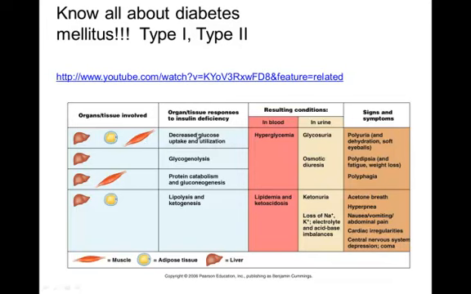Because we can't take any glucose in, we start breaking down our proteins, and when we break down our proteins to try to get some energy, we also start breaking down our fats. That's lipolysis down here. Our bodies are trying to get energy because we can't take in our excess glucose, and we start losing weight. We start getting thinner. That's one symptom that we might have diabetes, weight loss.